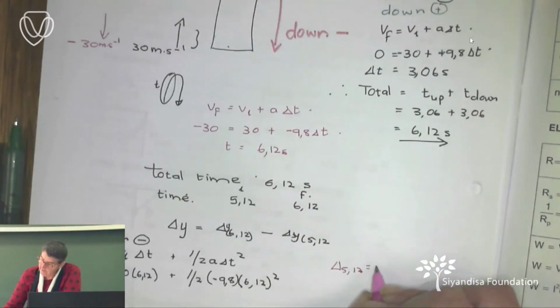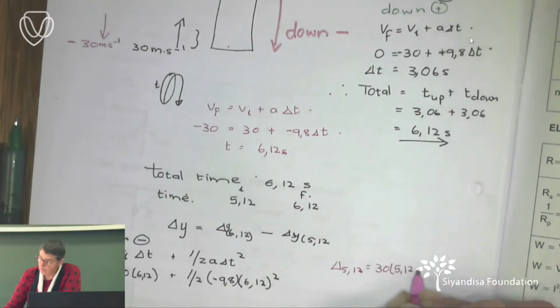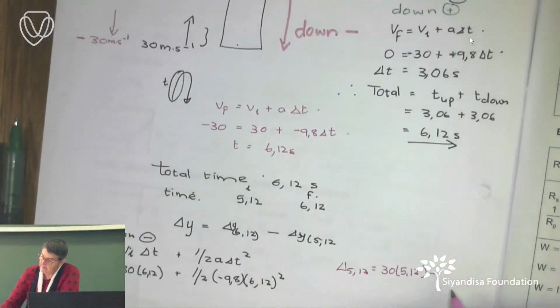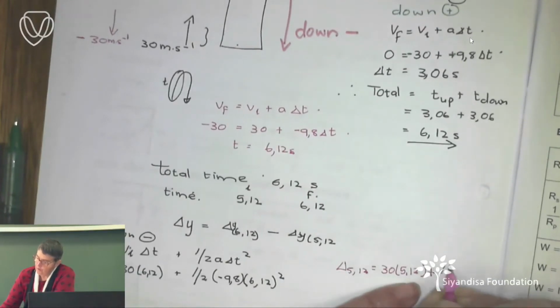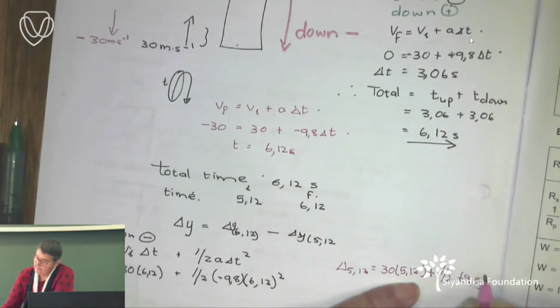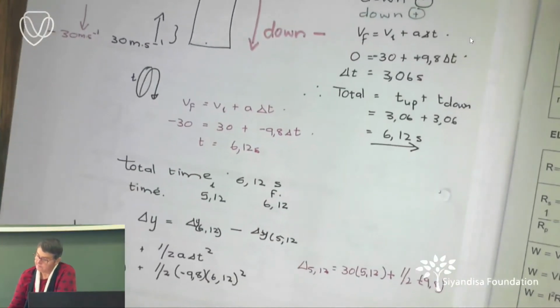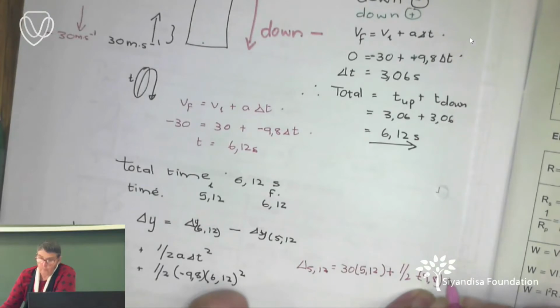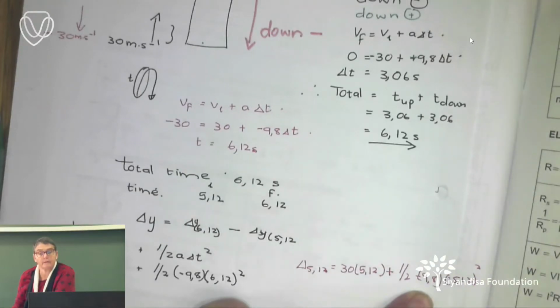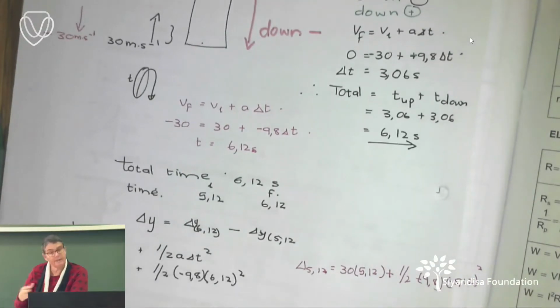So this is still going to be 30 times by 5,12 minus a plus half of negative 9,8 times by 5,12 squared. Okay, right. So now I'm going to do my calculations and let's see what I get.